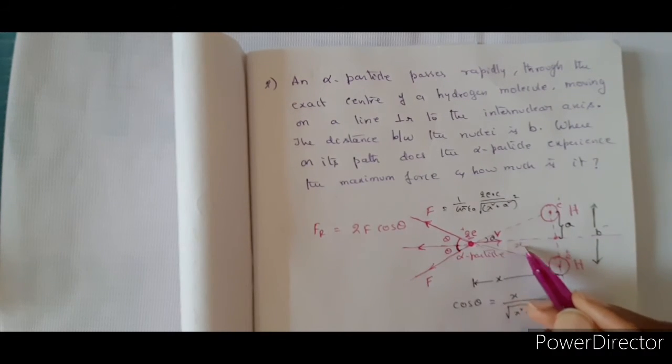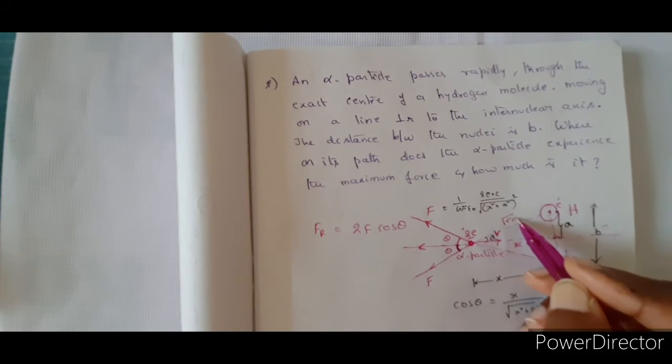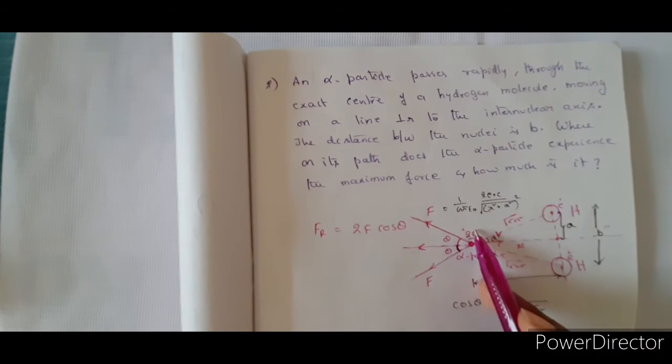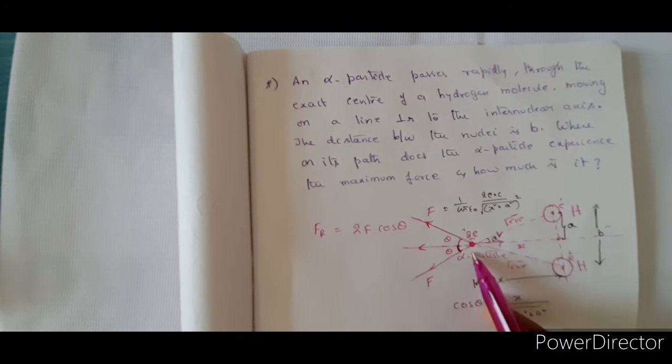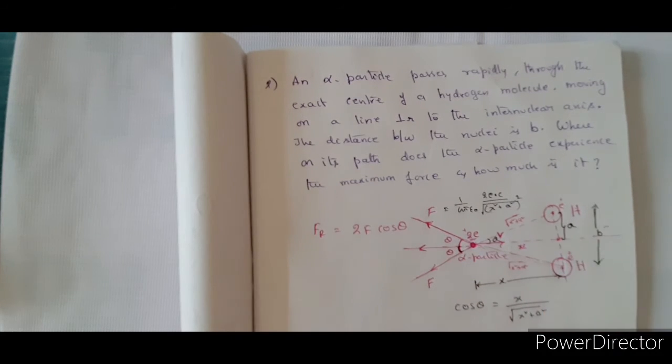So this is X, this is A, therefore this is root of X square plus A square. This is also root of X square plus A square. That means the magnitude of the force acting on the alpha particle is the same because of both the atoms. Beautiful problem and very simple. In a very lucid manner you can solve the problem now.